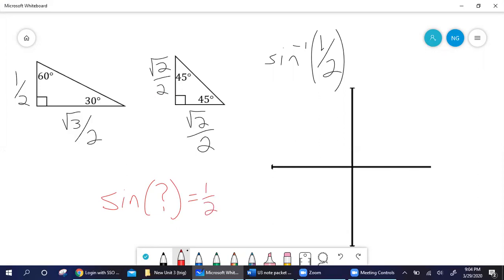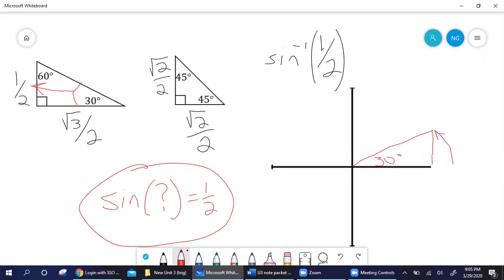Inverse trig gives me angles. Looking at our special right triangles, it would be a 30-degree angle that has a sine, or opposite, of 1/2. So that would mean a 30-degree angle in the first quadrant, or in radians, π/6.